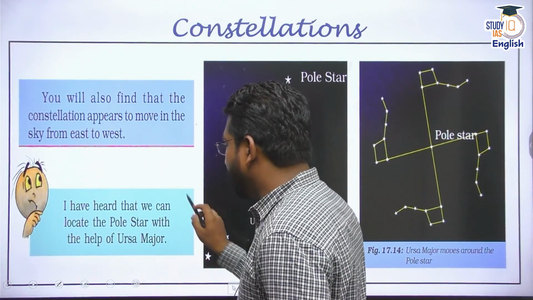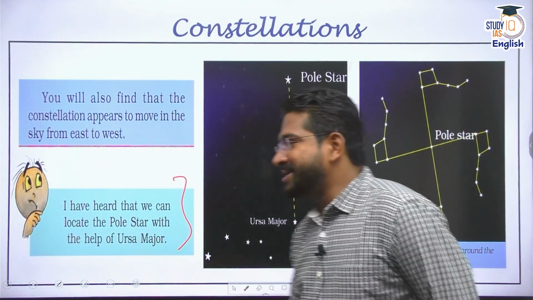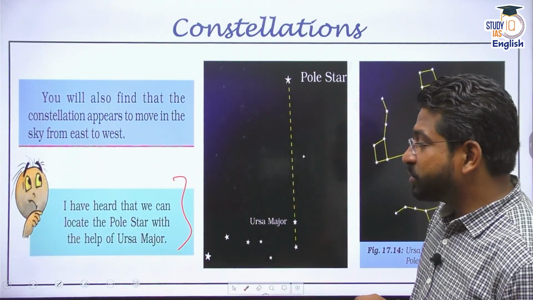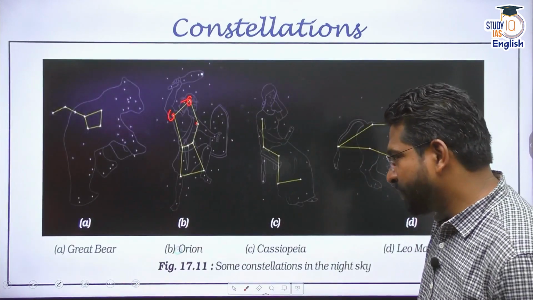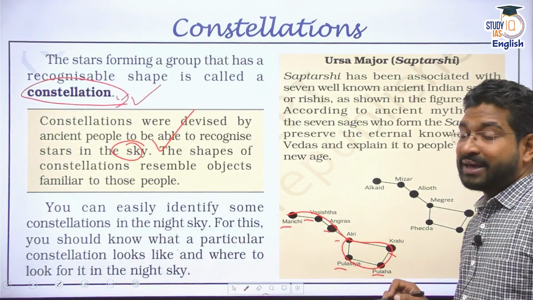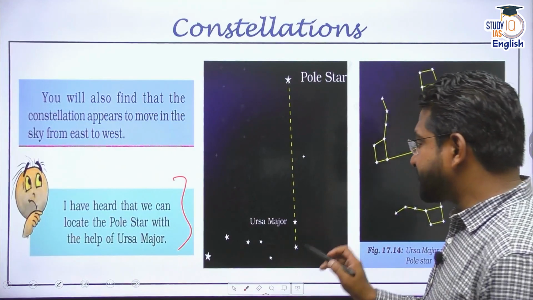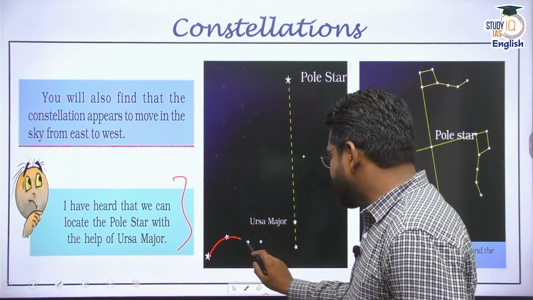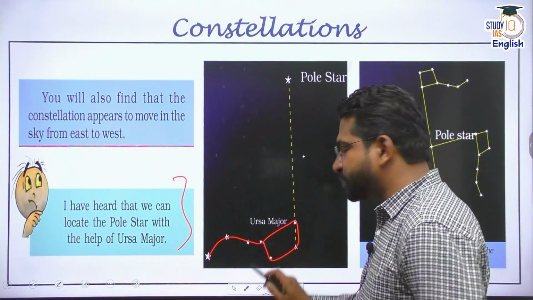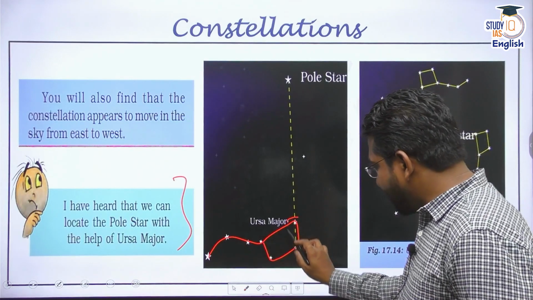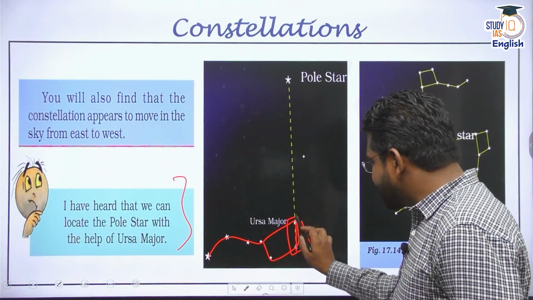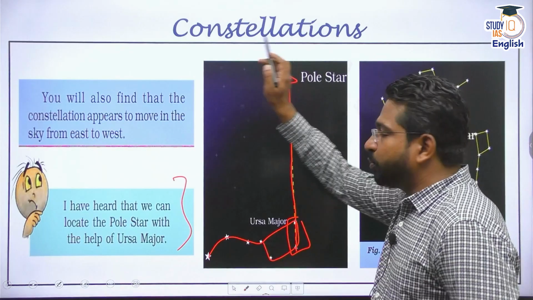again because of the rotation of the earth. Also, Bujo says that I have heard that we can locate the pole star with the help of Ursa Major. As I told you, Ursa Major, Saptarishi. Yes, we can locate it. Why? Because when you look at the Ursa Major, it creates a shape very similar to a ladle or a spoon. And the 2 stars at the edge align exactly with the pole star.